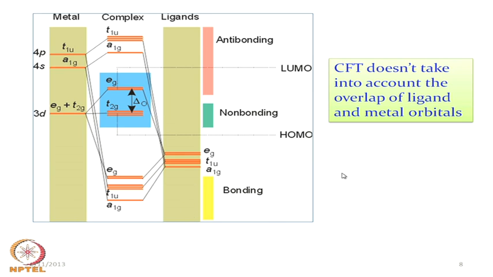In terms of ligand field theory, this bonding interaction stabilizes the metal complex, and whatever spectroscopic, magnetic and other properties we have come from the non-bonding and anti-bonding interactions.